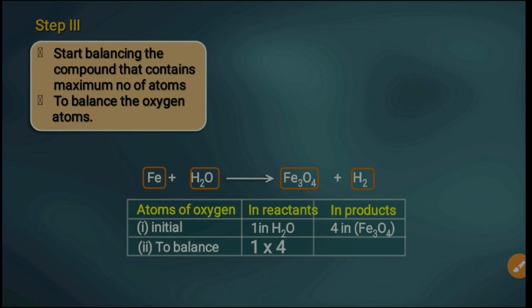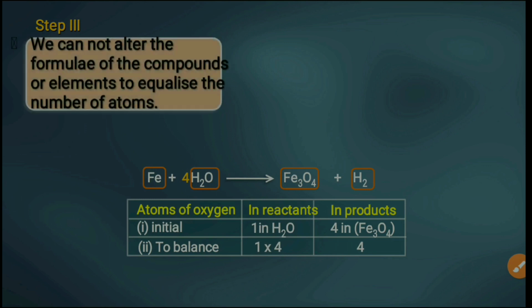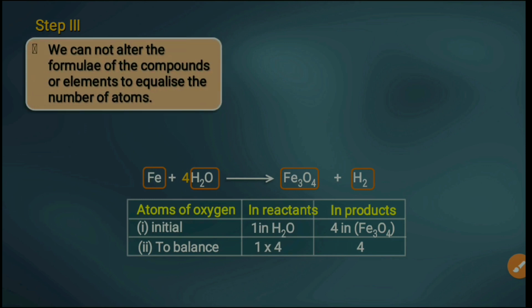So to balance, we have to multiply the reactant side by 4, and in the products automatically it will be 4. We cannot alter the formula of a compound or element to equalize the number of atoms.